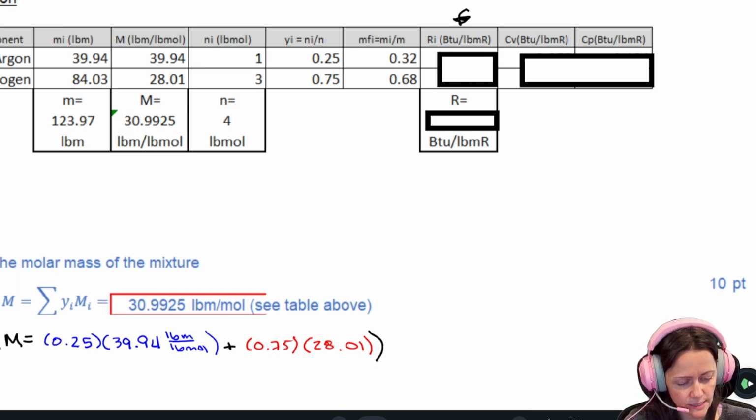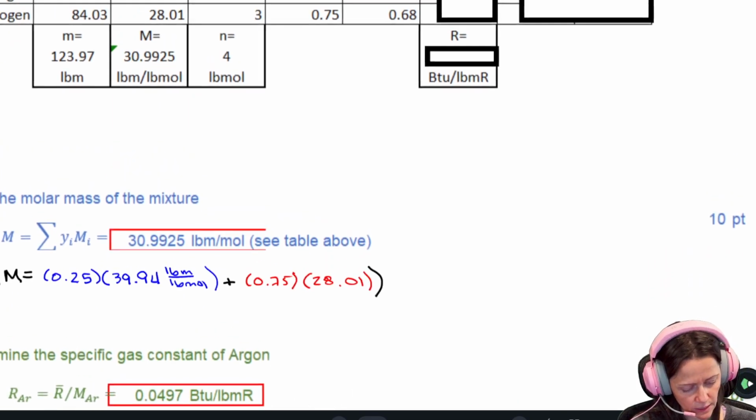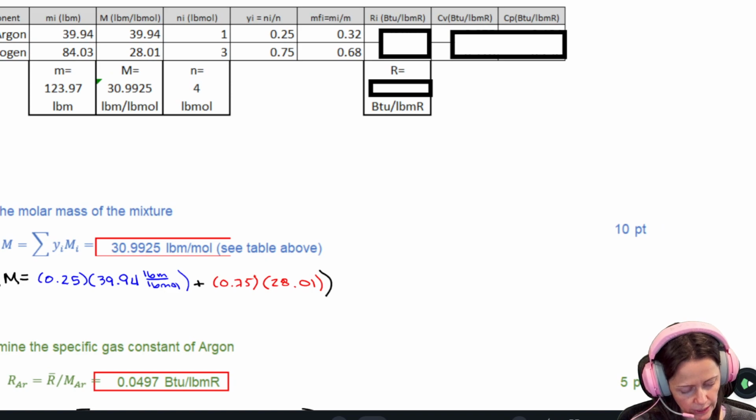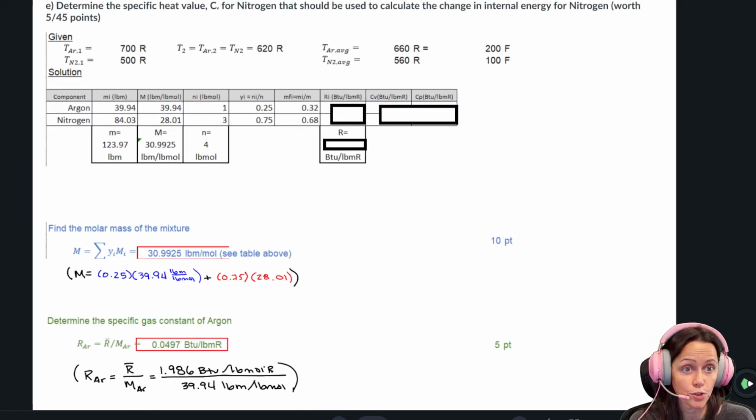All right. Just by the way, I do have a little thing right here. This is not necessary. Well, I guess it was, because the next thing we're calculating is the specific gas constant of our argon. Your specific gas constant is, for any gas, R bar over your molar mass. So for this, we're doing R bar over the molar mass of our argon, which is 39.94.